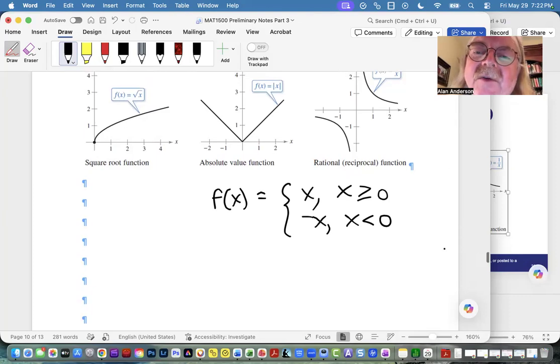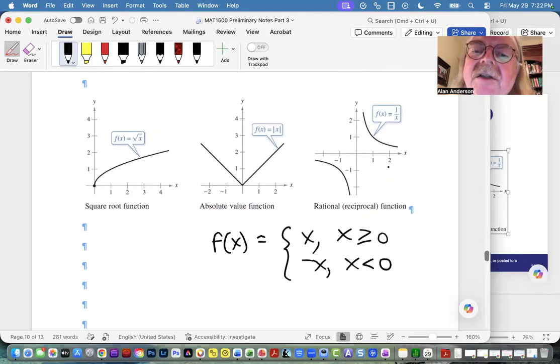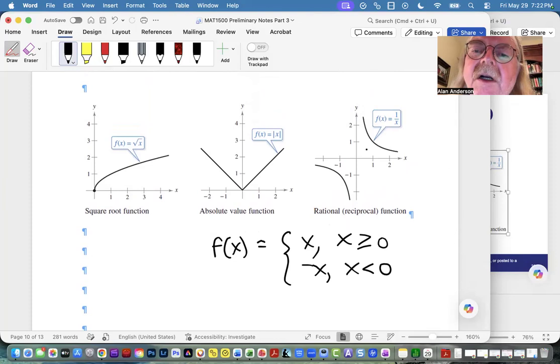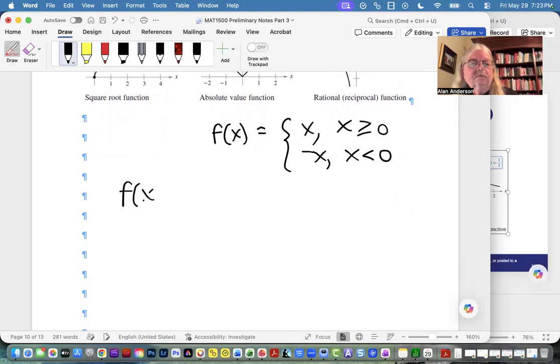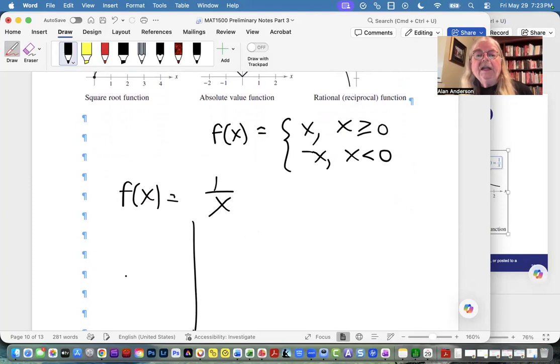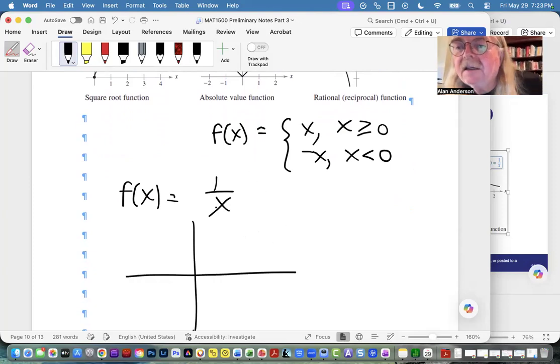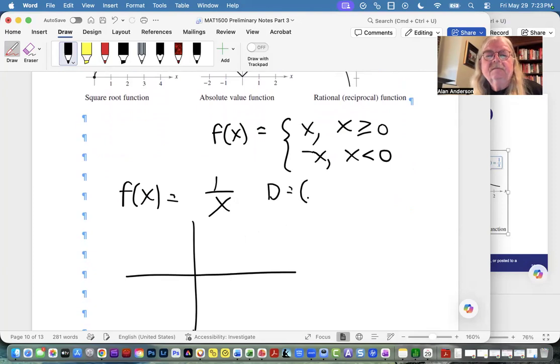Now, here's an interesting one. This is sometimes called the reciprocal function, 1 over x. And you notice the domain does not include 0 because that would give us division by 0. So we end up with this.